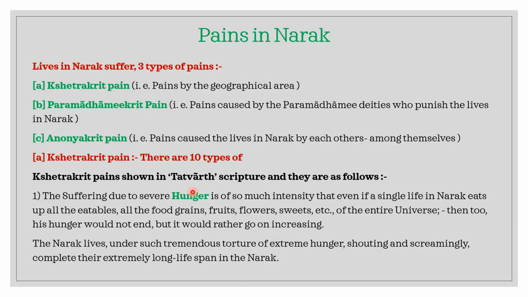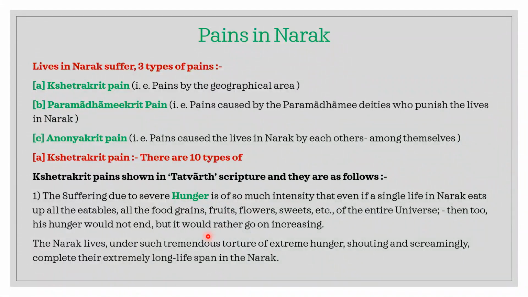The first type of pain that all the Jews of Narki go through is the pain of hunger. In the Shastra, it is said that the pain of hunger or bhuk is so severe and so intense that a single Jew of Narki can eat all the eatables in the Chaud Rajlok. That means they can eat all the food grains, fruits, sweets, everything in the complete Chaud Rajlok.